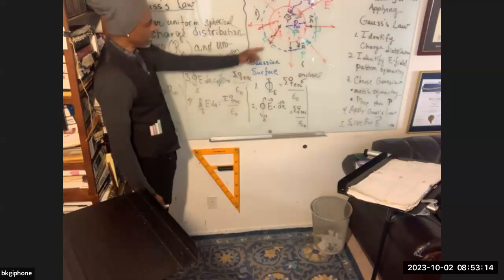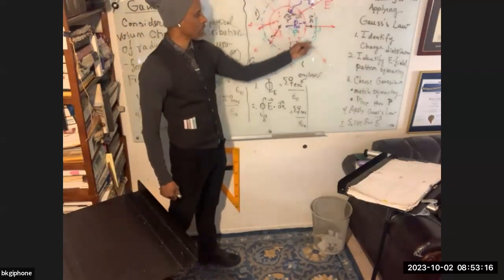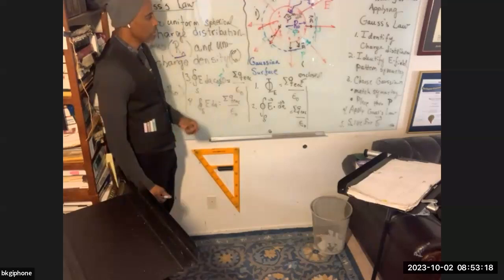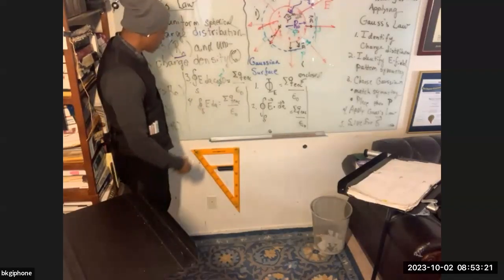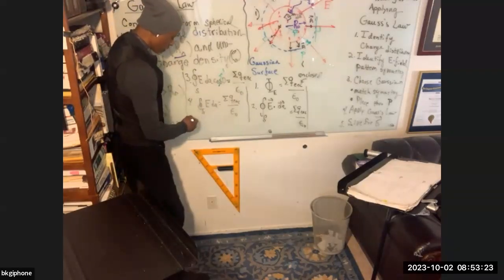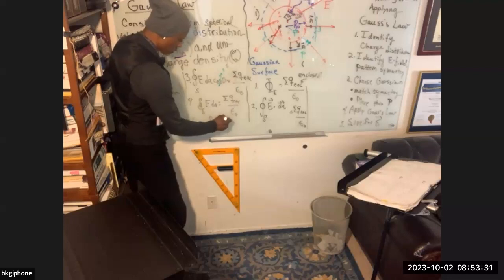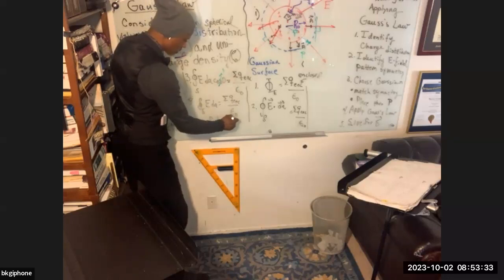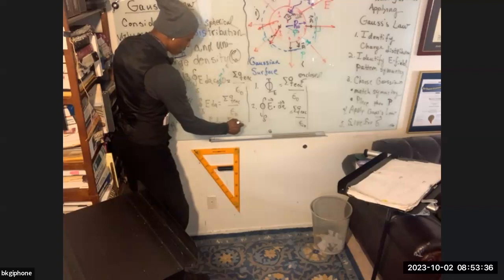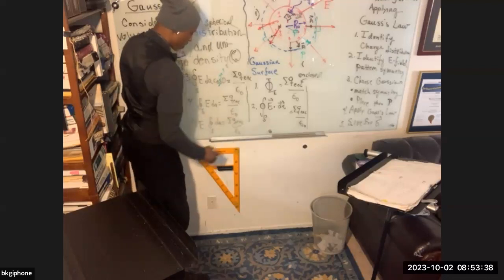But as we said, E has the same value everywhere over that surface. So E is a constant of the integration, and it comes out of the integral here. So I have E times the integral over the closed surface of dA equals the charge enclosed divided by epsilon naught.